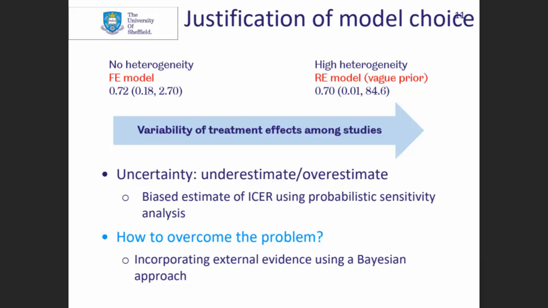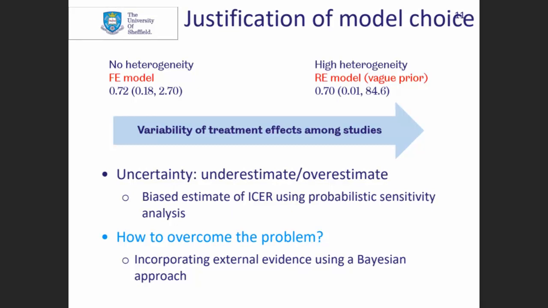So how could we overcome this problem? As there's not enough data to estimate heterogeneity, we can use external information to help us estimating this parameter. This would require the use of a Bayesian approach, because you remember that one of the advantages of a Bayesian approach is that it allows for incorporating external evidence, external information in the form of a prior distribution.